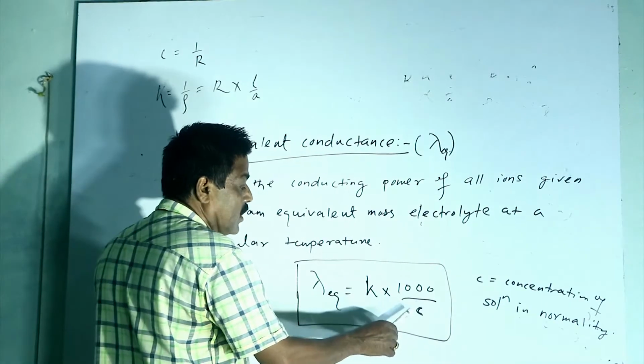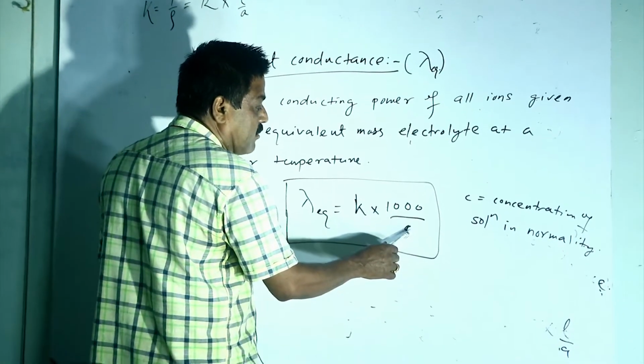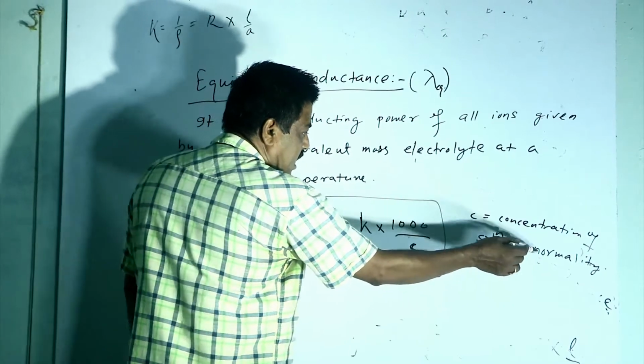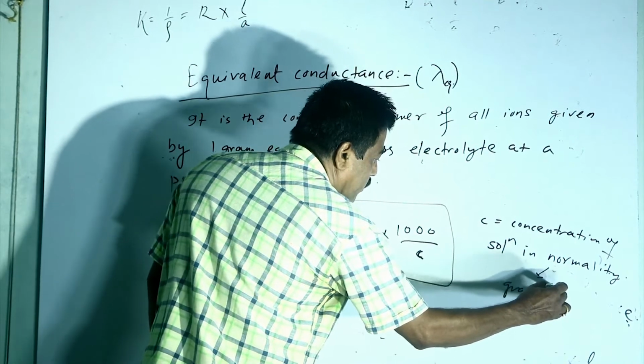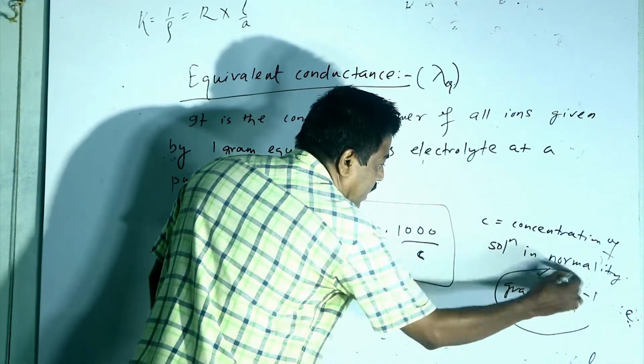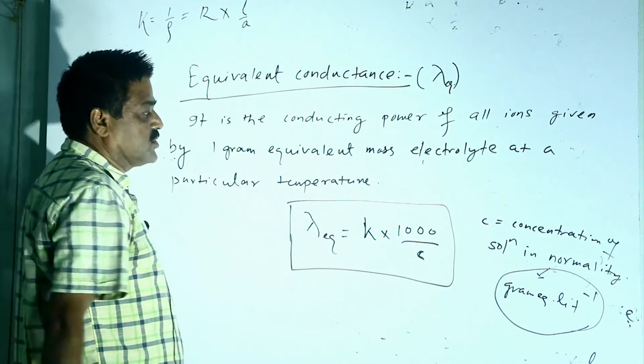Normality means concentration in gram equivalent per liter.